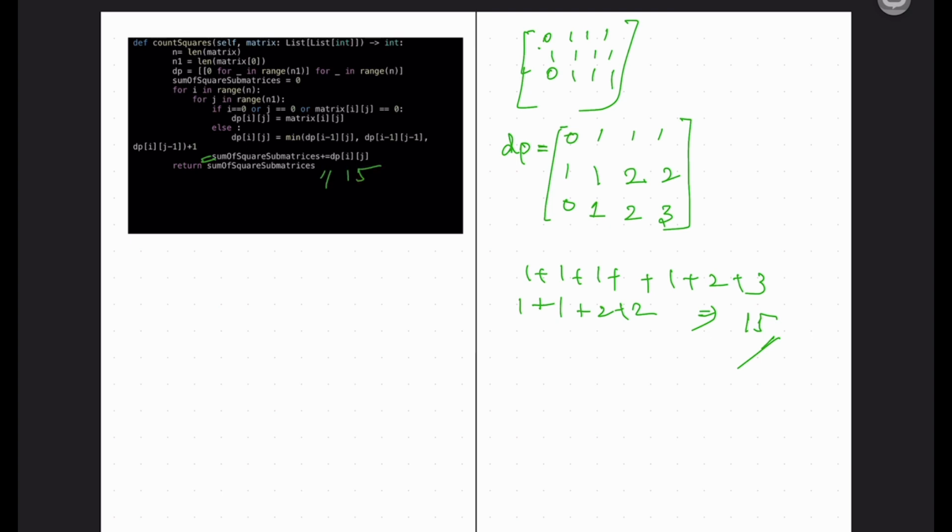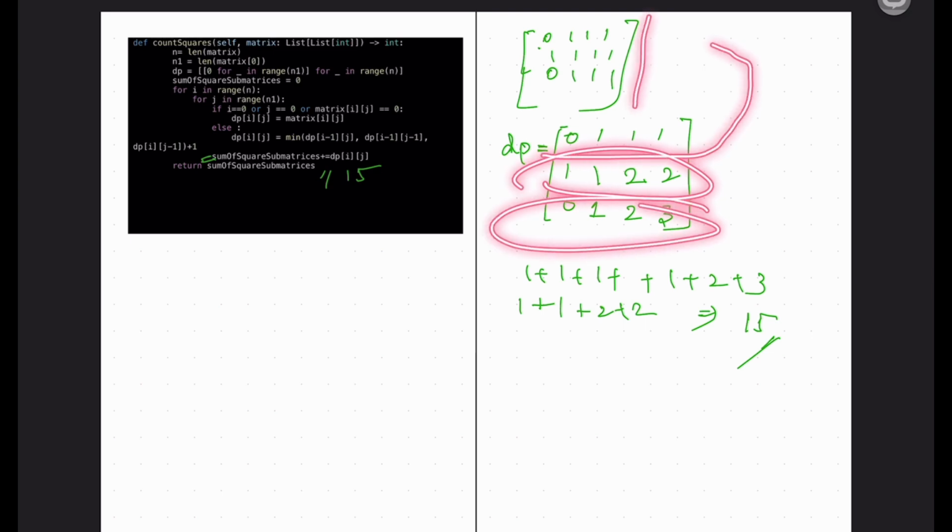So to optimize further, basically we need only the i minus 1 array. It's not like you always need the full dp array.